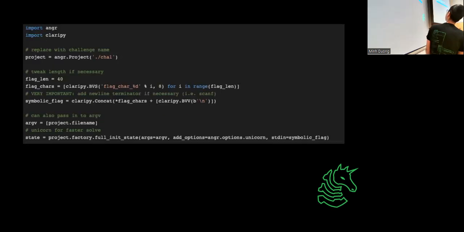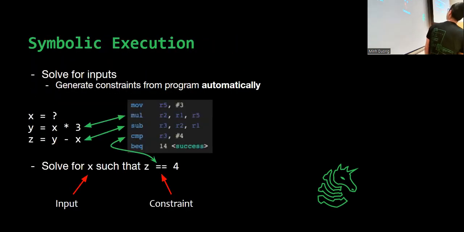So how does angr work? Well, it uses symbolic execution, which, instead of executing assembly instructions one by one with concrete values, uses things called symbolic values. Symbolic values are like variables in math. On the right-hand side here, we have a little snippet of ARM assembly.